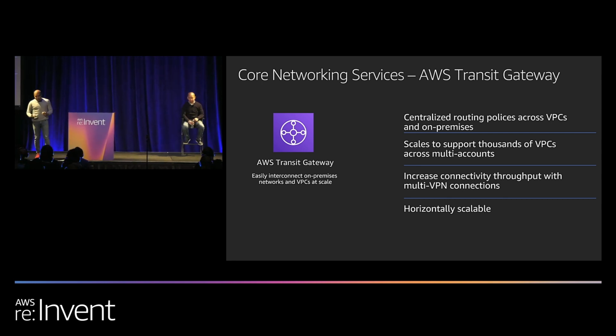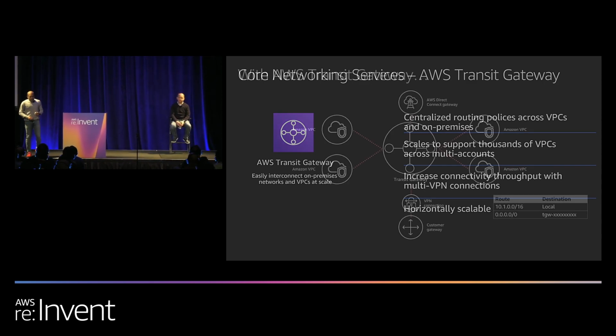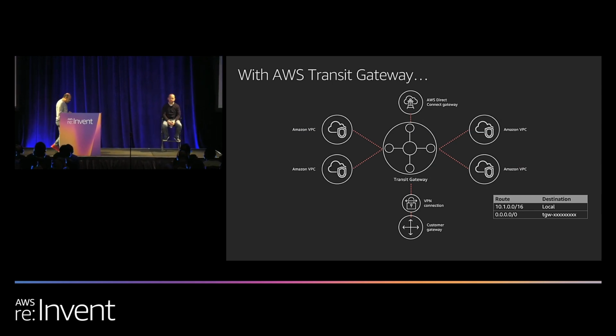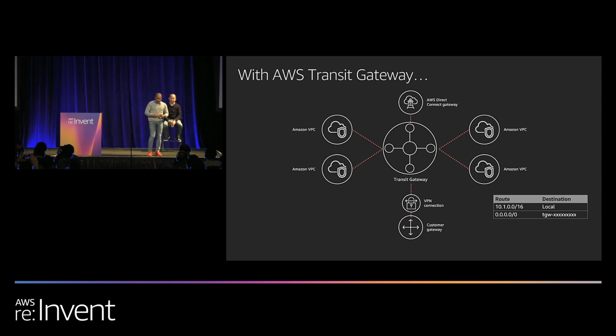It can switch traffic between thousands of VPCs, VPN connections, and Direct Connect gateways. And what Transit Gateway gave you was the ability to centralize your routing mesh in the cloud. And with routing domains, a feature of Transit Gateway, we gave you the capability to isolate, segregate, and even inspect your traffic that was passing through Transit Gateway. It was a great win for all of us in general.